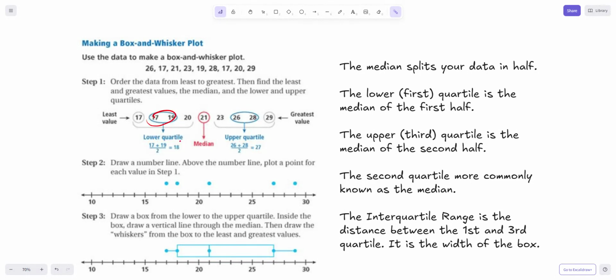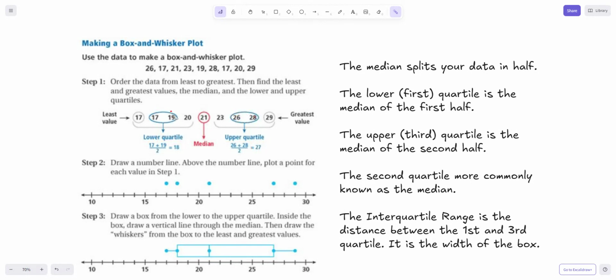And then we divide by 2 to get 18. So you find the median of the first half, and same thing, the median of the second half. Out of these 4 numbers, the median would be the average of the middle 2, 26 and 28. The median there would be 27.